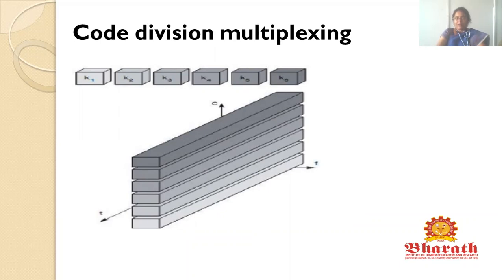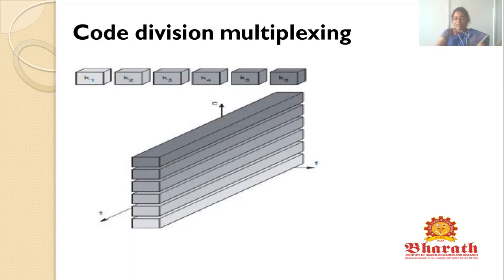Here, different random sequences correspond to different communication channels from different stations. To separate the channels, this system assigns each channel its own code.